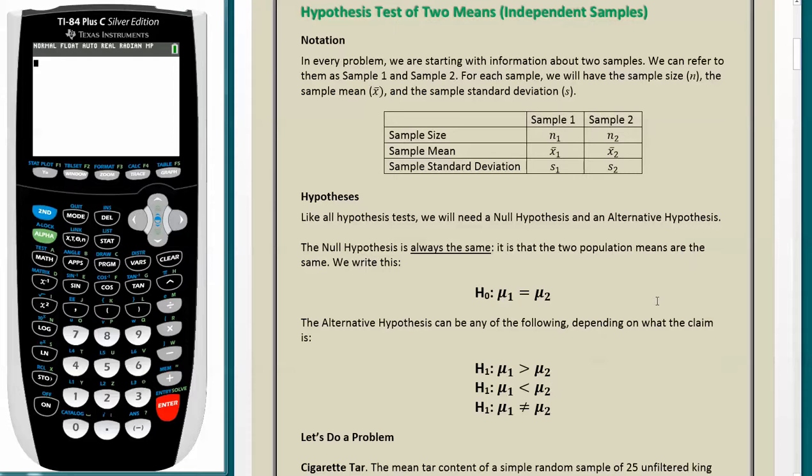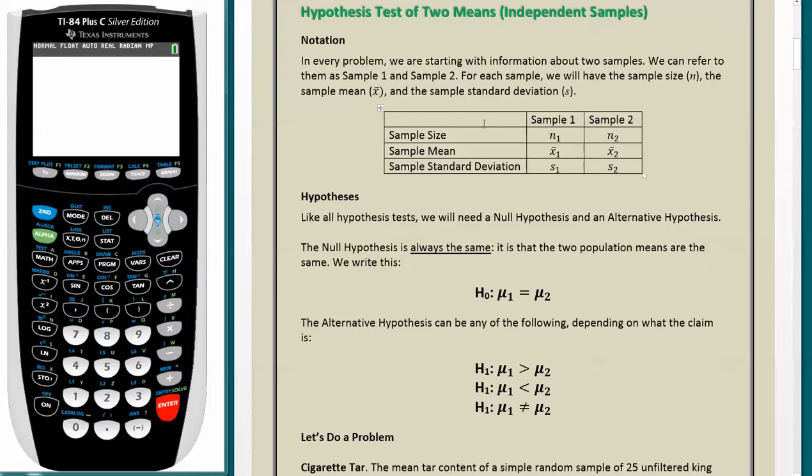Okay, so let's go a little deeper into this hypothesis test of two means independent samples. Let's start with the notation. In every problem, we are starting with information about two samples. We can refer to them as sample 1 and sample 2. For each sample, we will have the sample size, that's n, the sample mean, that's x bar, and the sample standard deviation, that's s.